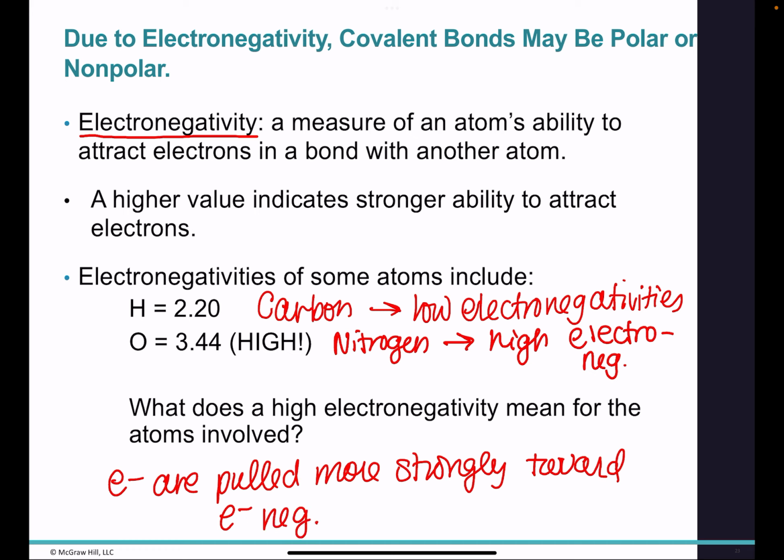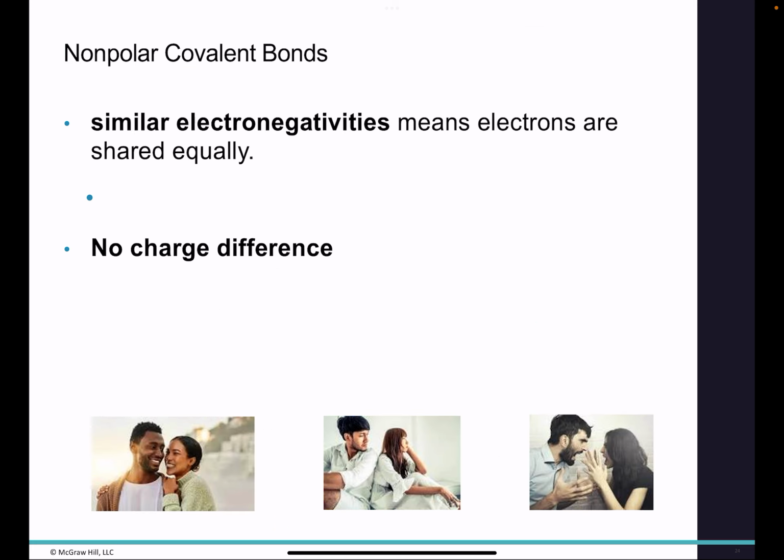So if we've got a bond between anything and oxygen, oxygen is going to pull those electrons towards itself. There are two ways that these electrons can be shared between electronegative atoms. Now, all atoms are going to have a little bit of electronegativity because all atoms have that positive core, so they're all going to pull some electrons towards that atomic core.